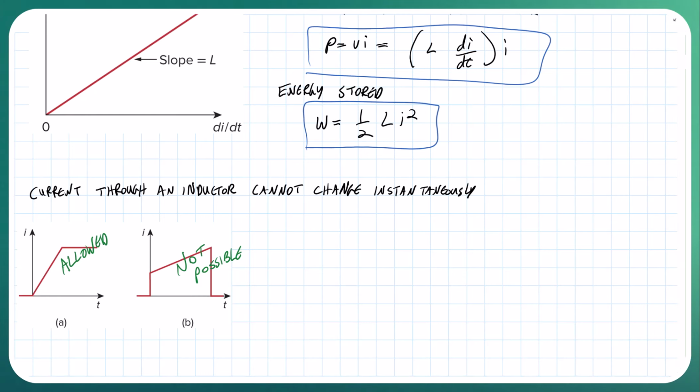And then I'm going to go ahead and rewrite this. An inductor acts like a short circuit to DC.